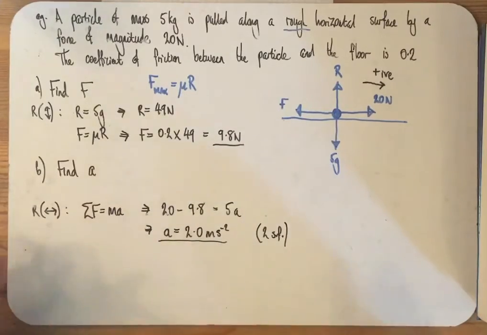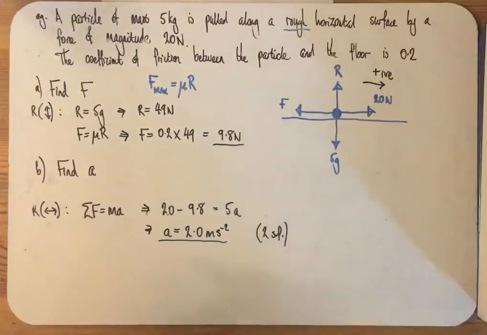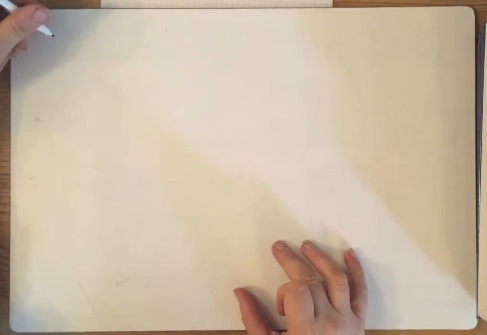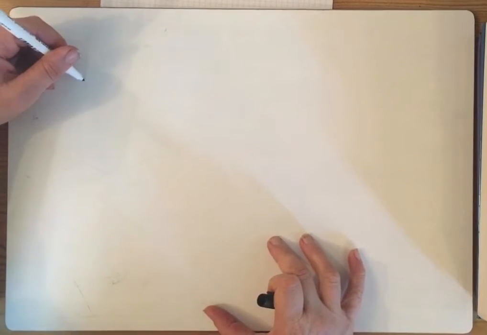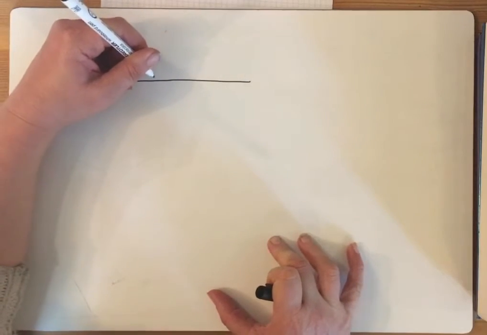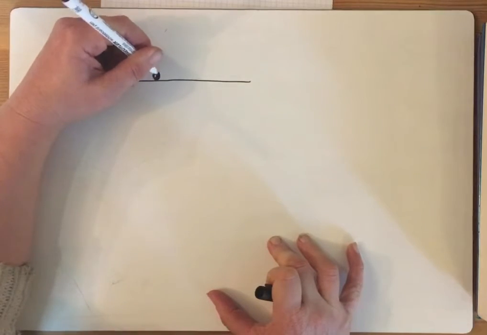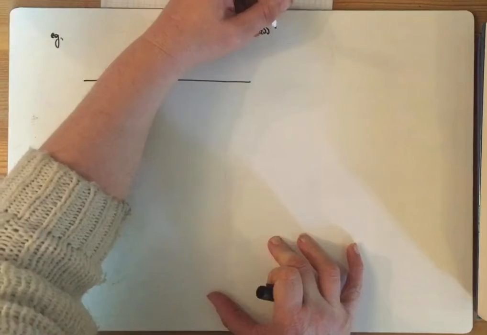I'll put in a force at an angle quickly as well. So we're going to do a similar question. I don't really want to rewrite it all, but have that pulling force at an angle to the surface. So, rough surface, particle. This one's going to have mass 8 kilograms.